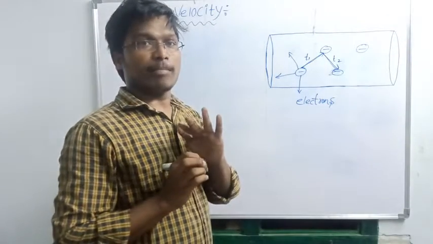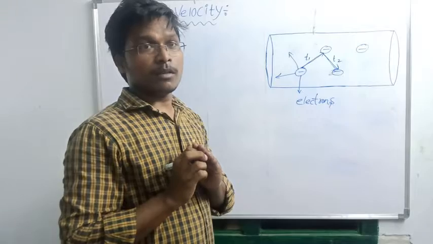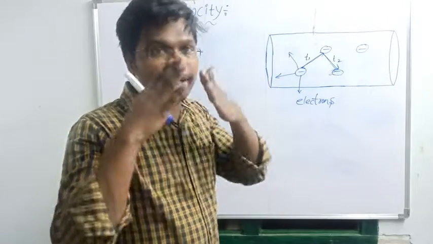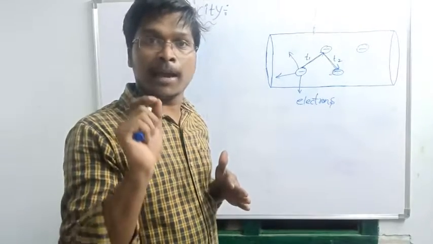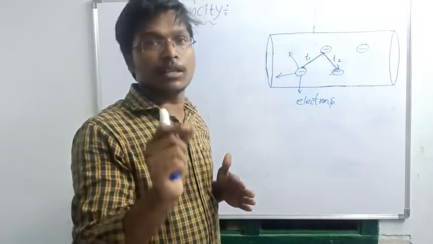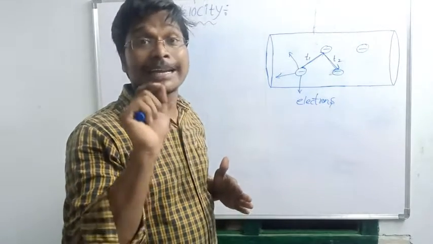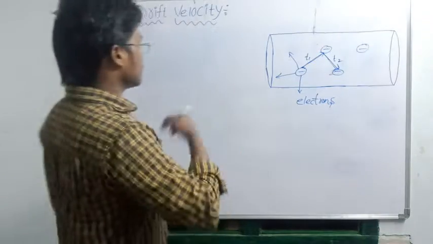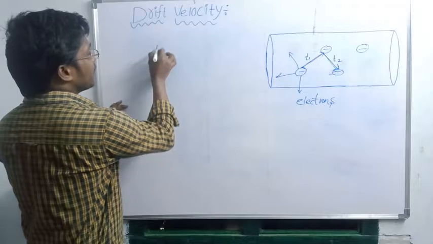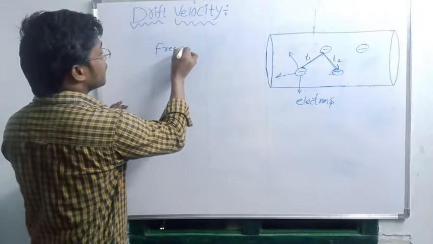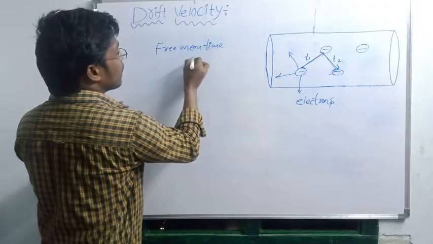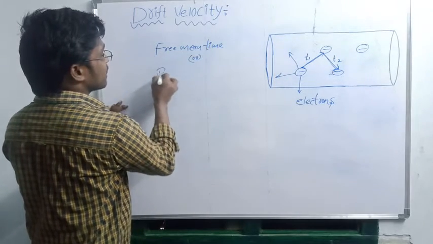So the average time between two successive collisions is called relaxation time or free mean time.